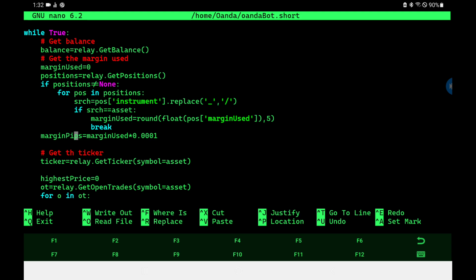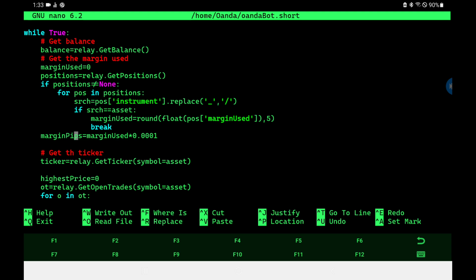This is kind of a sneaky stunt with this bot because we can actually take the margin used and through this equation of the margin used multiplied by 1 pip, we can create a special variable that gives us a buffer zone the more we build up margin. For example, if our margin is $20, that means through this equation we can establish that the next purchase has to have a minimum of 20 pips.